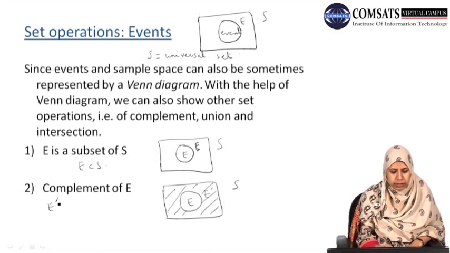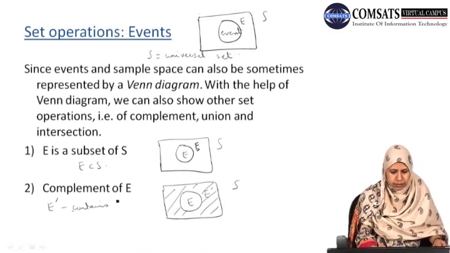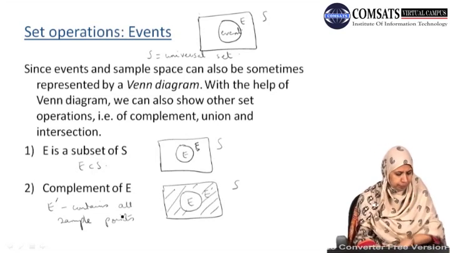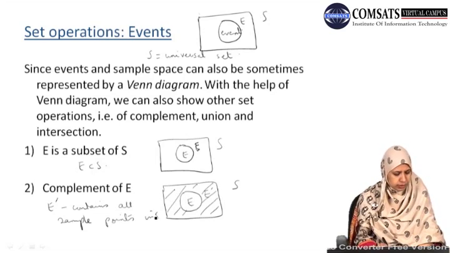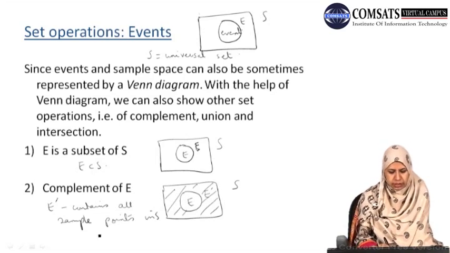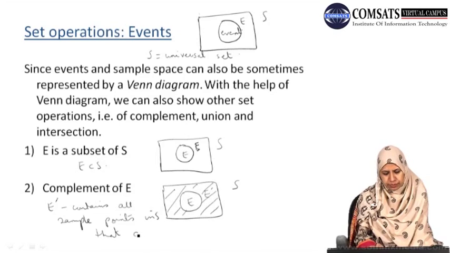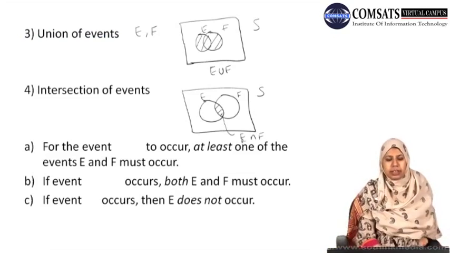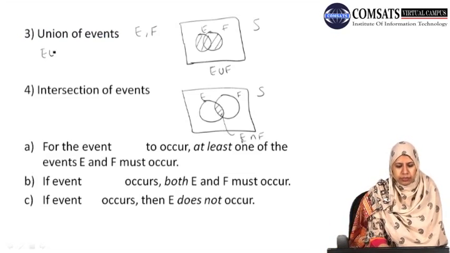So E complement contains all those sample points which do not belong to our event E, that is, the sample points in S that are not in E.